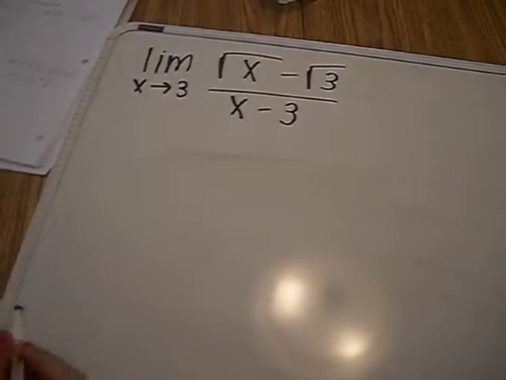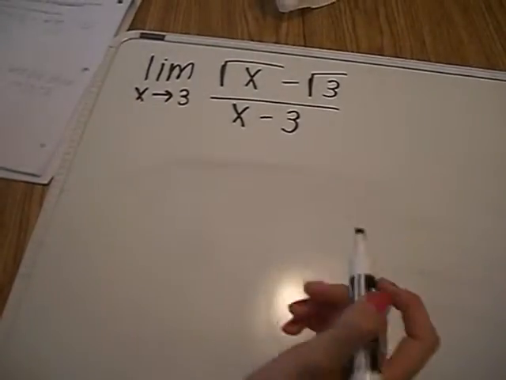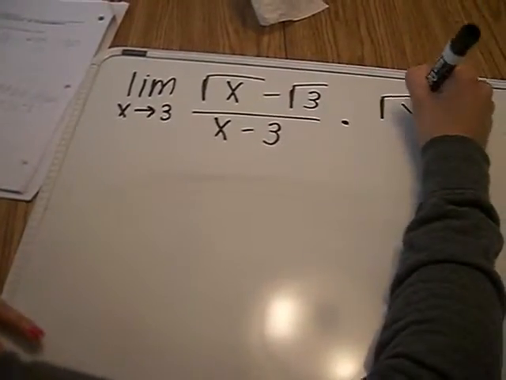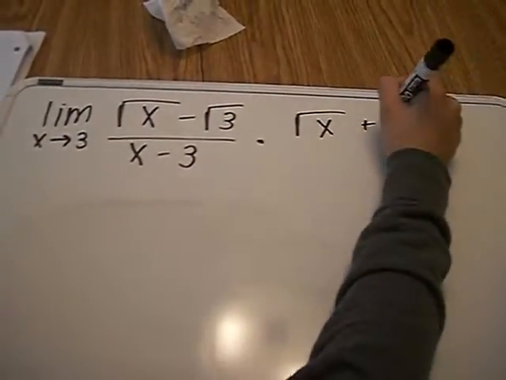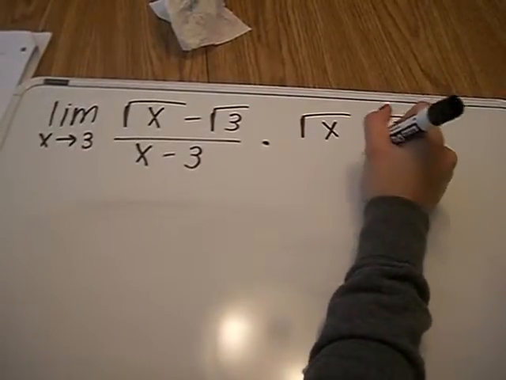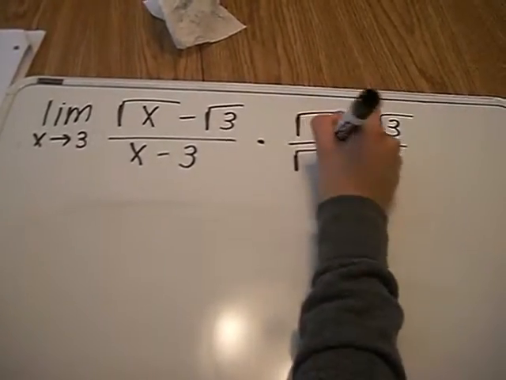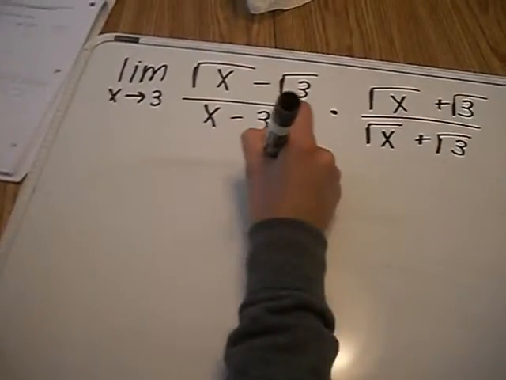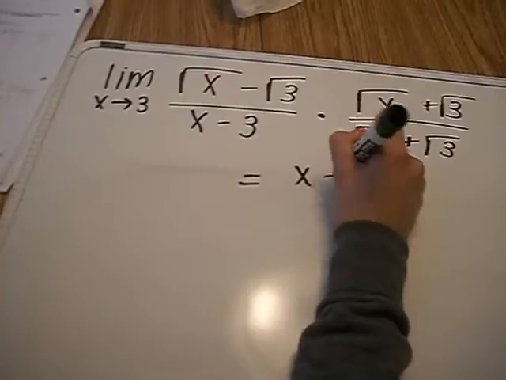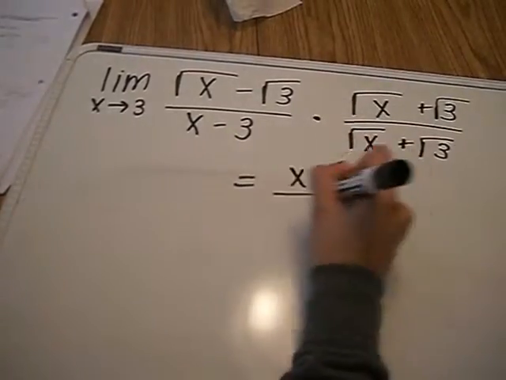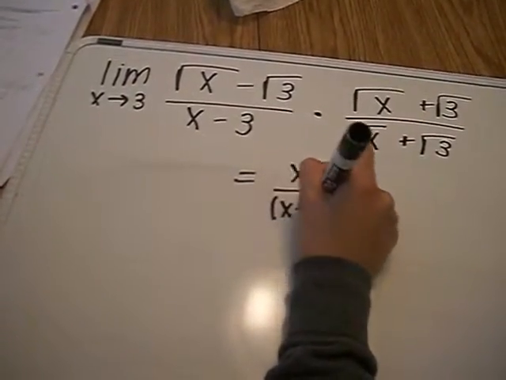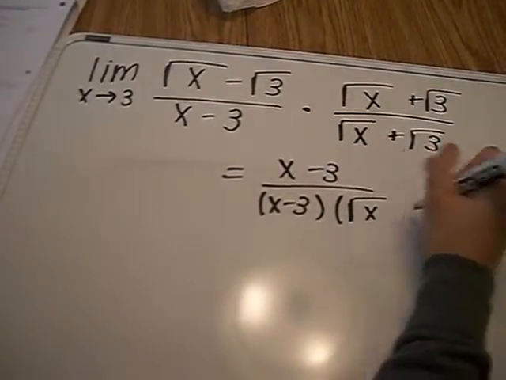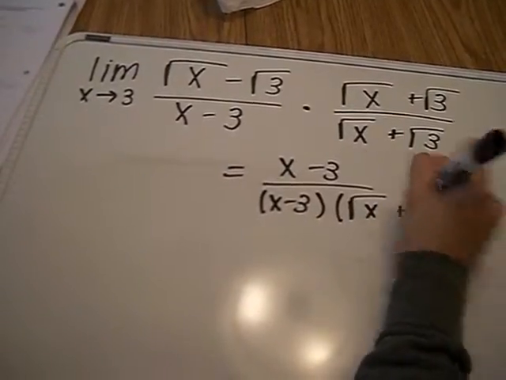And we have to look at this problem and we say, what can we do? How about a conjugate? So we're gonna multiply this by the square root of x plus the square root of 3 all over the square root of x plus the square root of 3. This will give us x minus 3 all over x minus 3 times the square root of x plus the square root of 3.